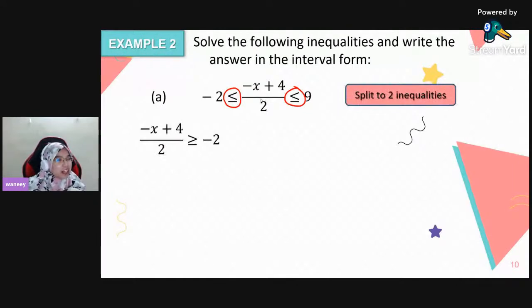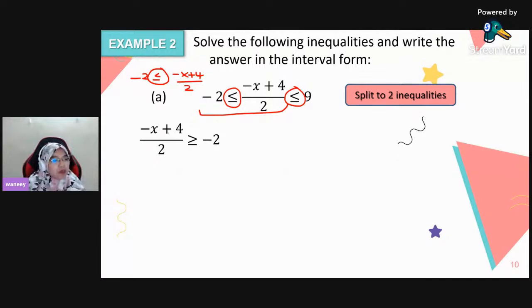So we got negative x plus 4 over 2 greater than or equal to negative 2. This is the left hand side. I flip the sign because I want the x to be on the left. It started with negative 2 less than or equal to negative x plus 4 over 2, but I want the x to stay on the left hand side, so that is how I flip my inequality sign.